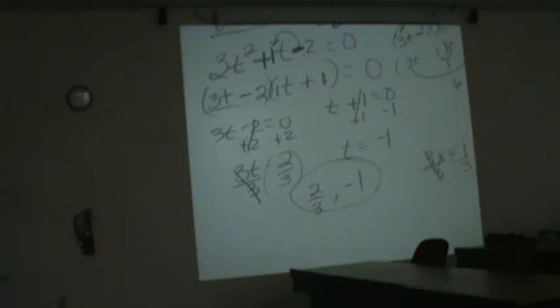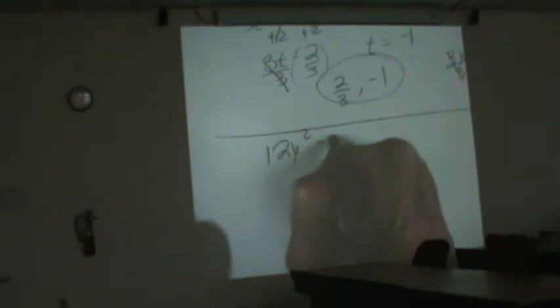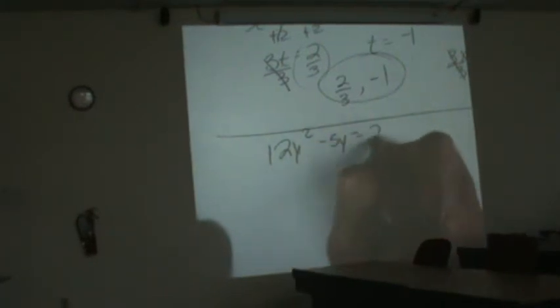Okay, you wanna do another one of those? Yes. Okay. There's not one just like it. Let me see. Let's do this one, it has two fractions. 12y squared minus 5y equals 2.